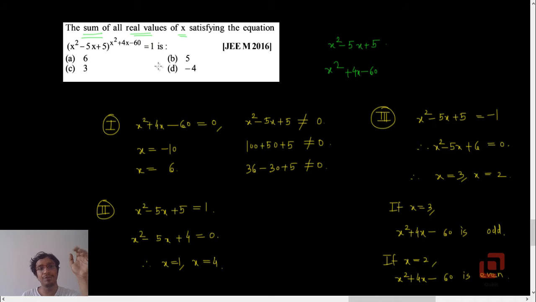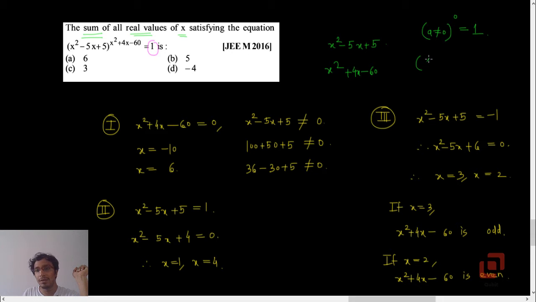Okay, so first we have to check the RHS. RHS is equal to 1. Now when can you have one number raised to the other number equal to 1? There are various possibilities. Any non-zero real number raised to 0 is equal to 1, any real number not equal to 0.